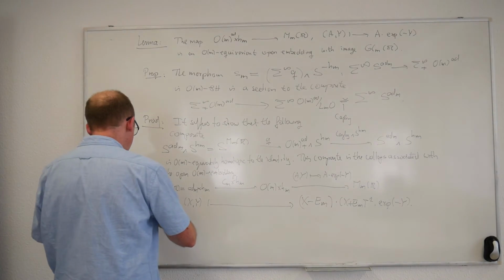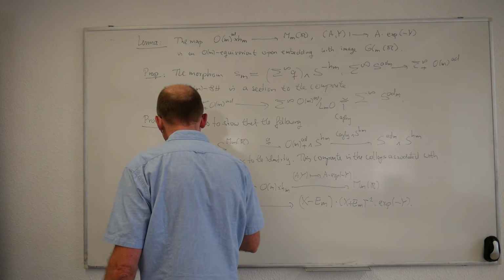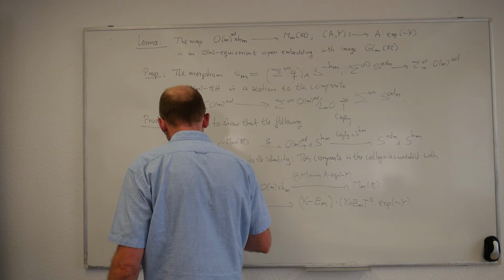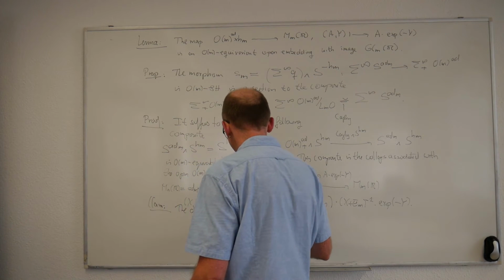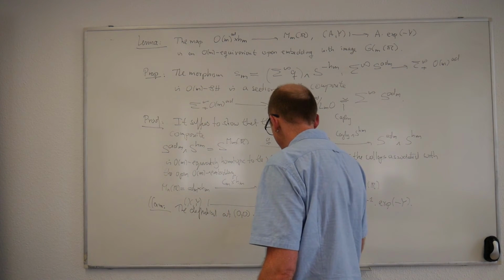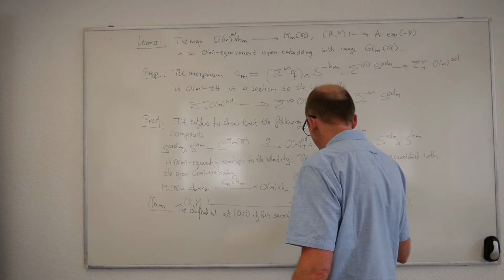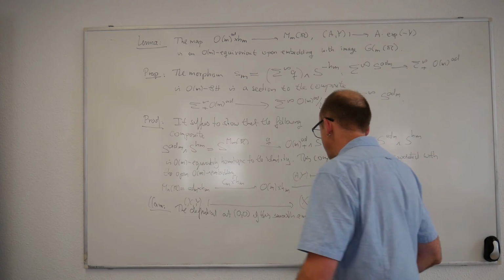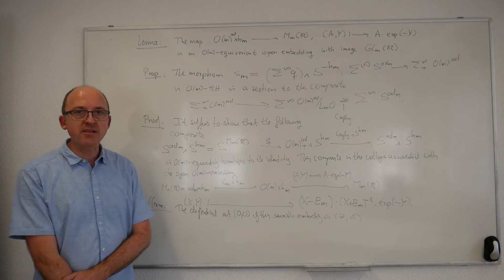So claim: the differential at 0, 0 of this smooth embedding is (2, 1). So it's multiplication by 2 in the first summand and the identity in the second summand.